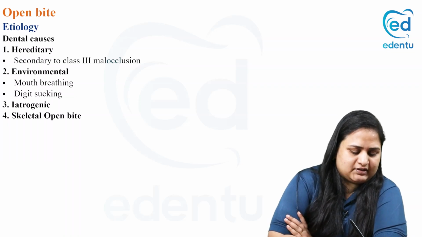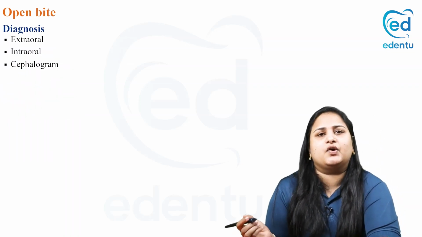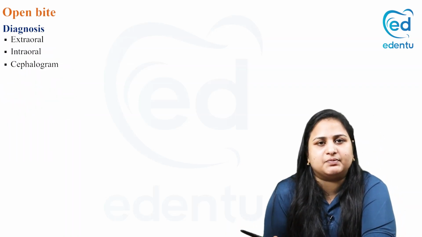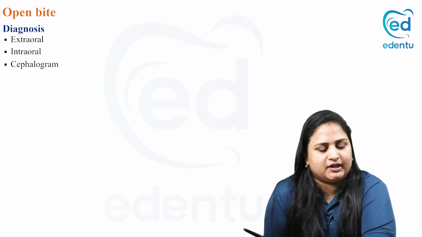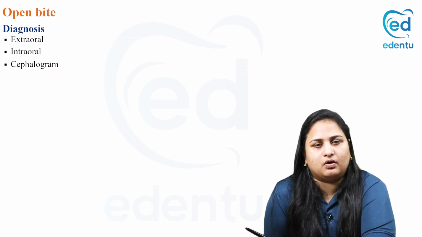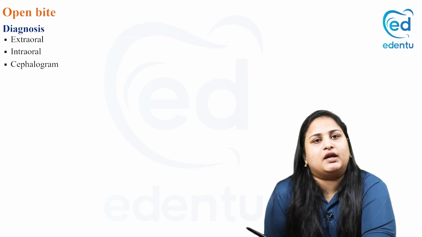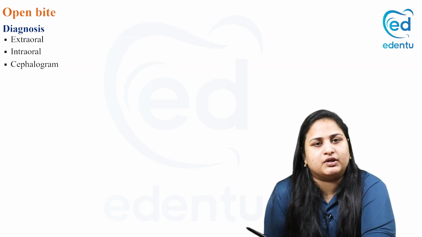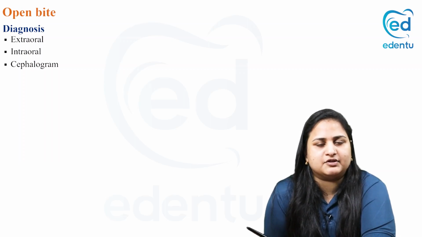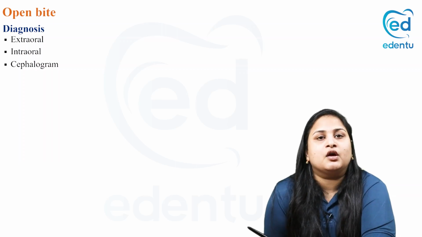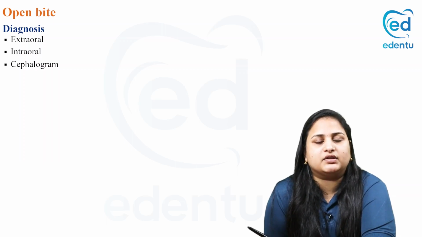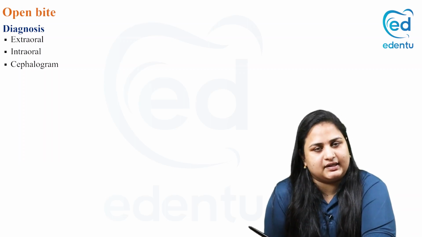So moving on, let's see how the diagnosis of an open bite can be established. Generally, it is through a case history, definitely, and also through extraoral as well as intraoral examination. To combine both, it is confirmed using radiographs, especially the cephalogram, which gives us a clear-cut idea whether the open bite is mainly a dental anomaly or a skeletal anomaly.